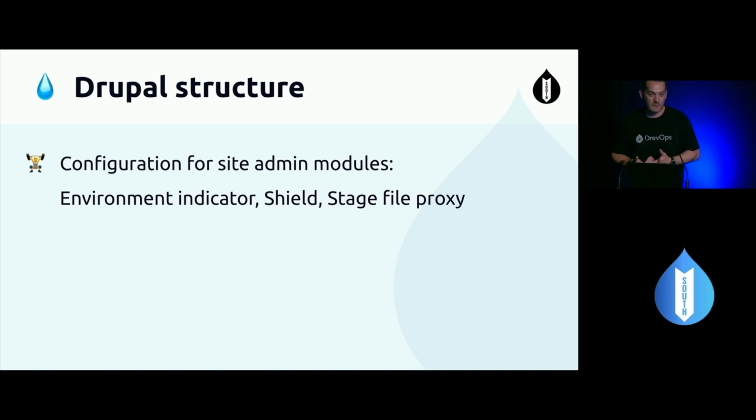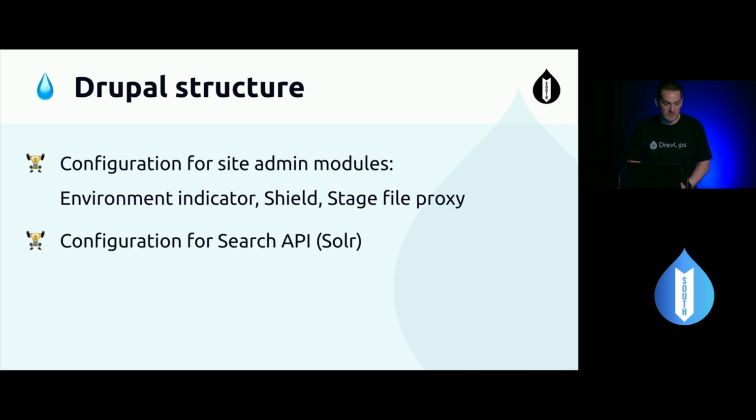If you go to production, it's going to be red. So it's all been pre-set up, so you know that every time you use Vortex for your projects, they all look kind of the same visually. Things for Shield and Stage File Proxy are the same. You configure things and they just apply the same across the projects.